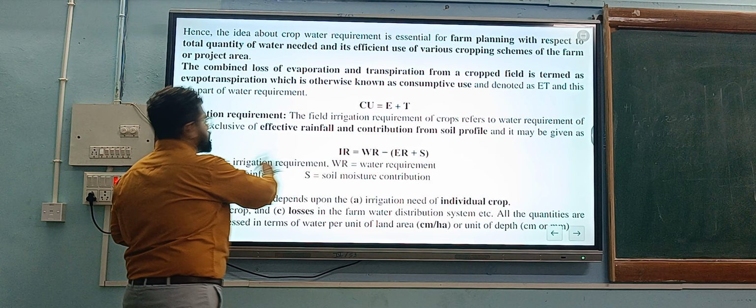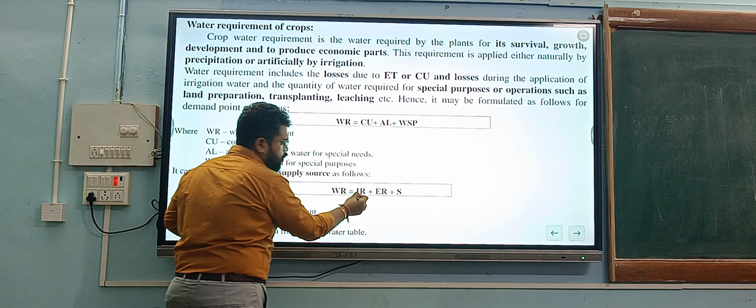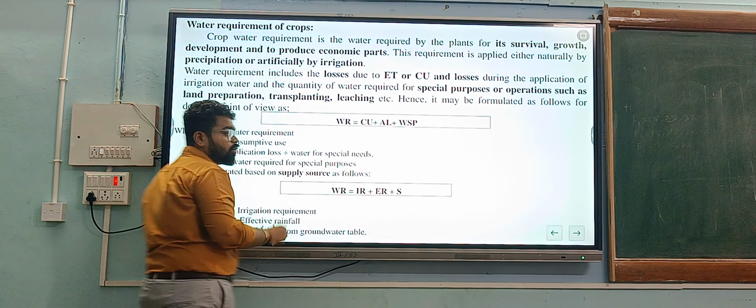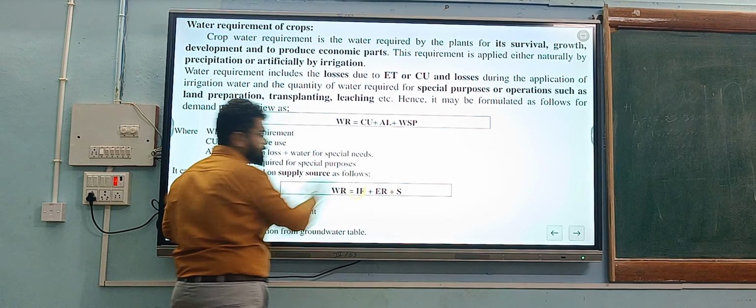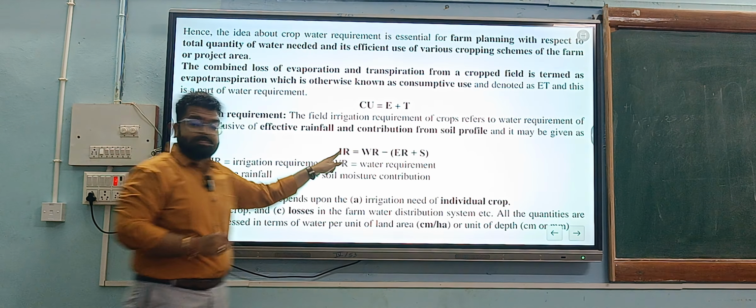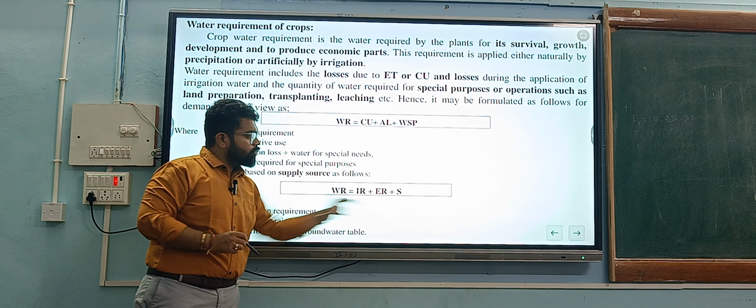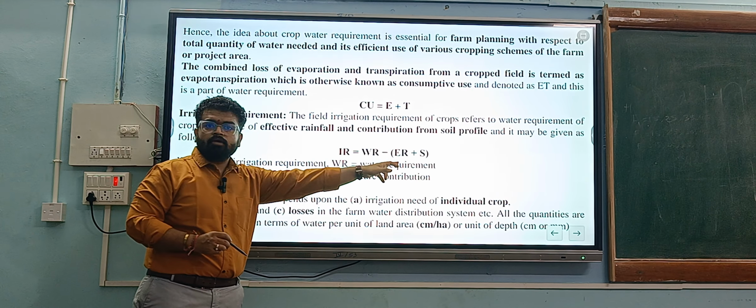So we have this formula: water requirement is equal to irrigation requirement plus effective rainfall plus soil contribution. From this formula, we can calculate how much I have to give through irrigation. So irrigation water is equal to water requirement minus the effective rainfall plus the soil contribution.